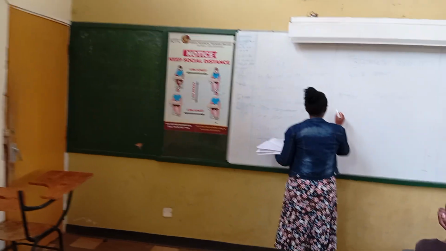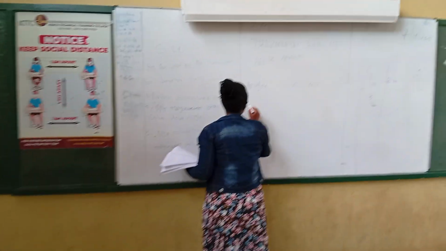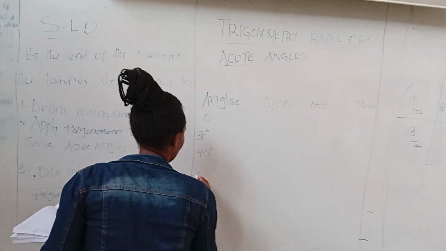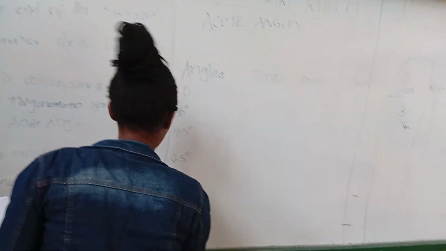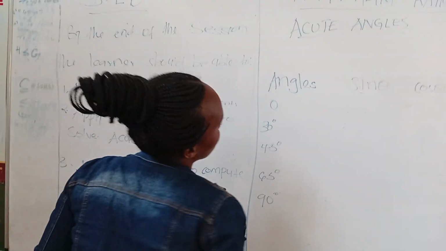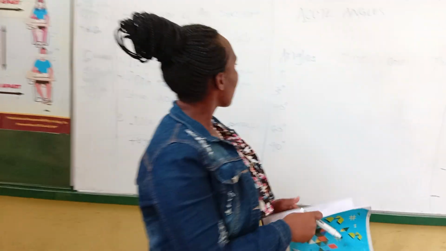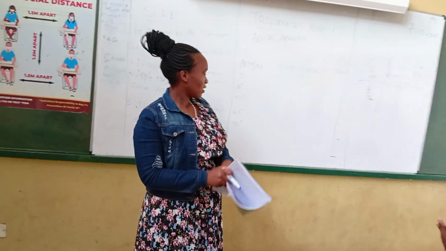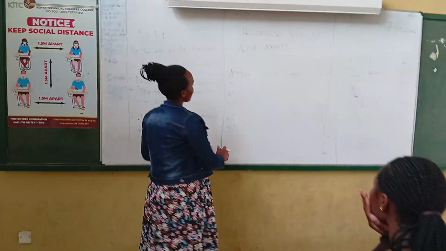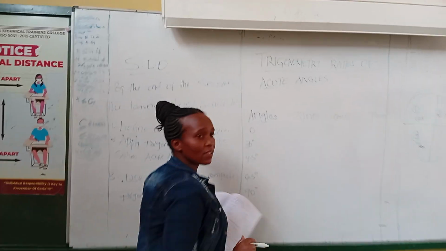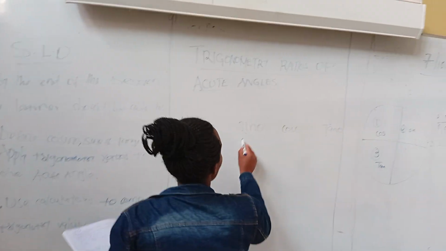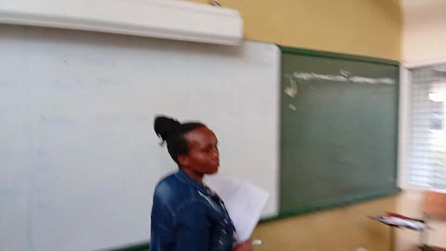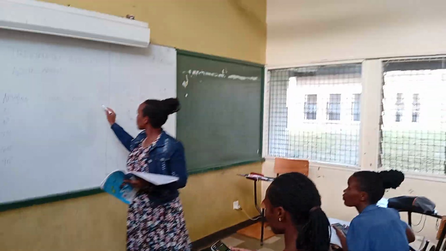The angles are 0, 30 degrees, 45 degrees, 60 degrees, and 90 degrees. We are going to find the common standard values of these angles from 0 to 90 degrees. For example, sine of 0 is 0, cos of 0 is 1, and tan of 0 is 0.